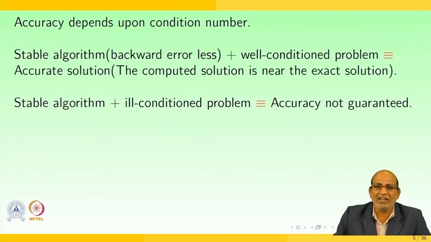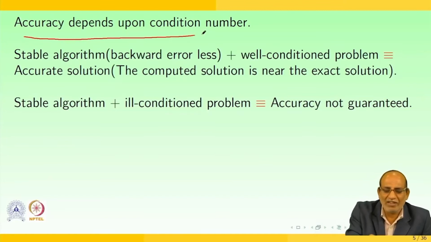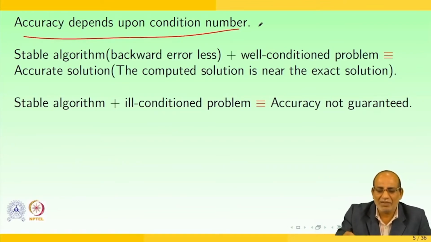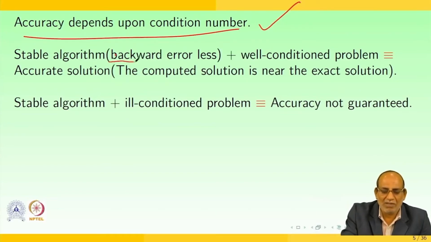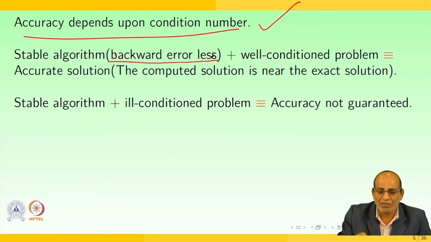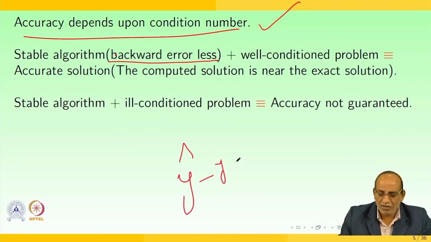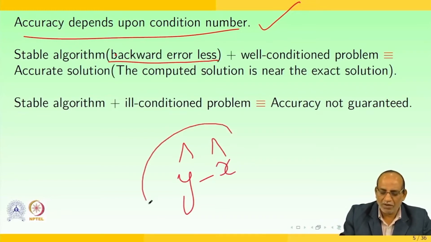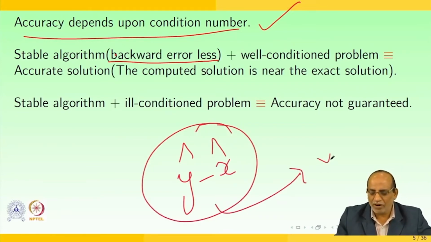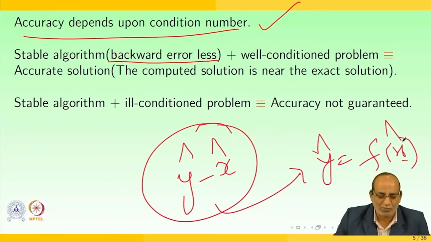Next, we can make a conclusion that accuracy depends upon the condition number. So again, you see here very clearly we are writing that accuracy depends upon the condition number. For a stable algorithm, we have the backward error, that is y prime minus y, where y equals f(x), so y prime is nothing but the function evaluated at x prime.